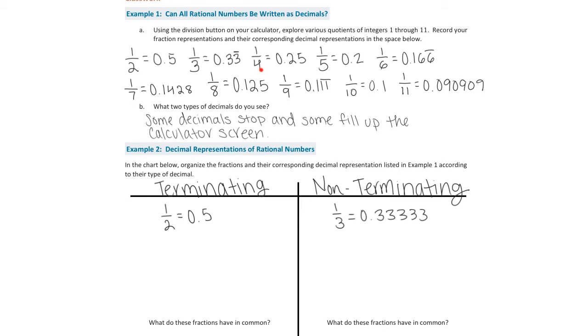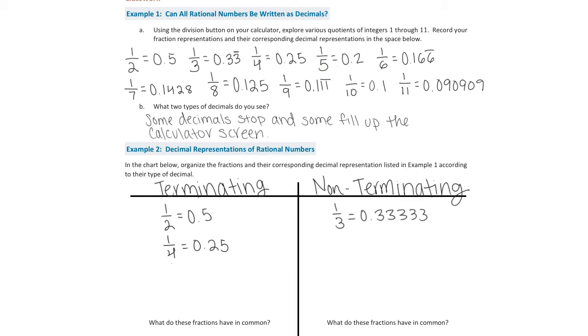Let's look at 1/4. 1/4 equals 0.25. Because our decimal stopped and it did not go on forever, it's terminating. Let's look at 1/5. 1/5 equals 0.2.